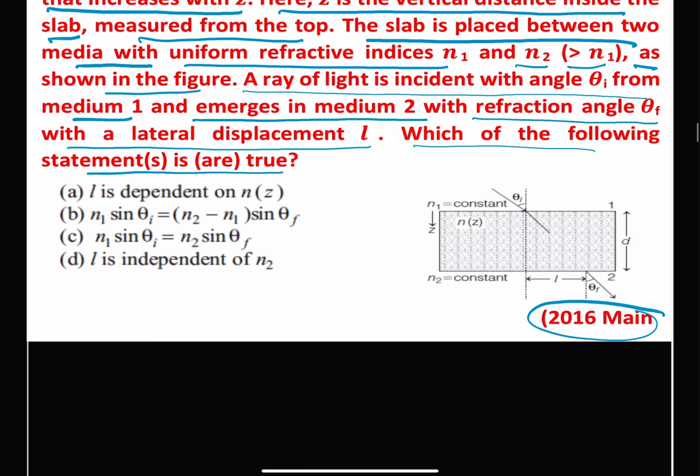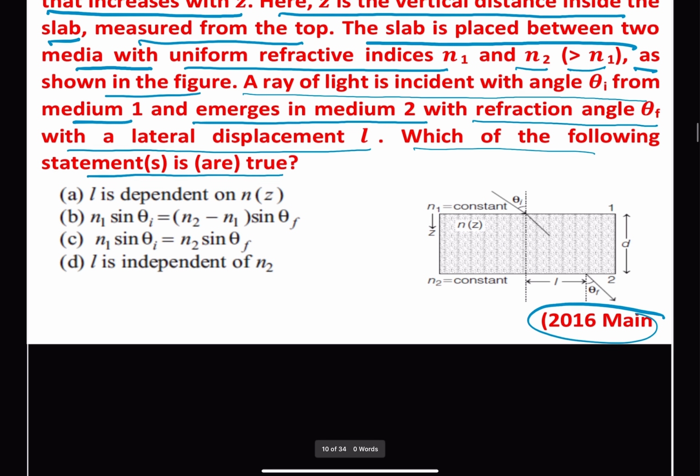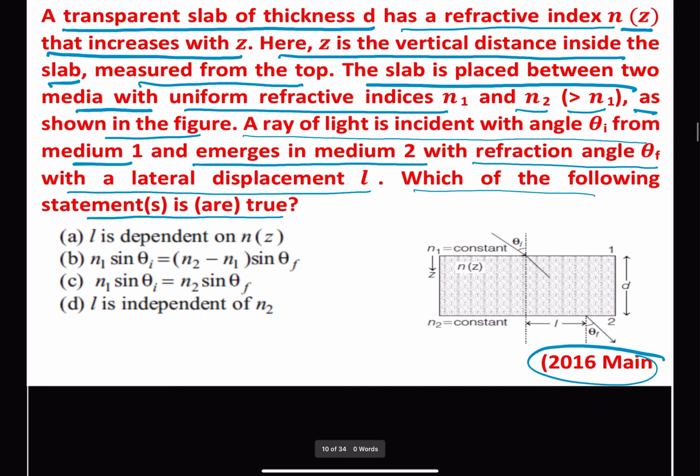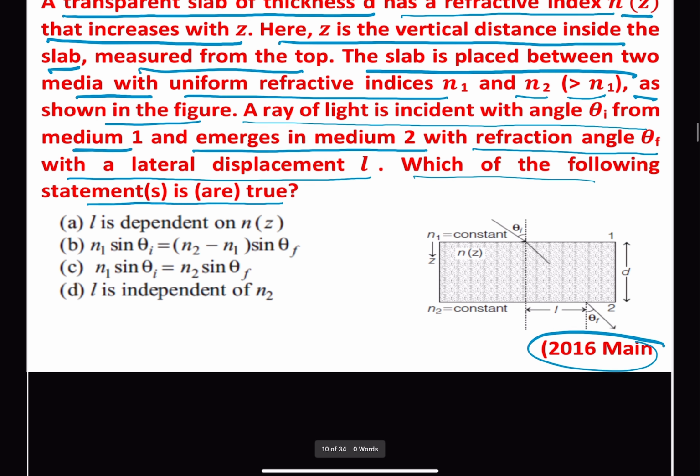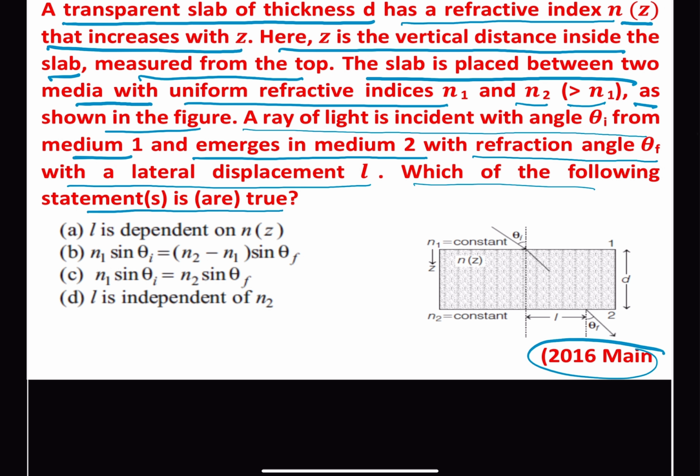So this question ideally consists of three refractive indexes. The first refractive index is of medium 1, the second is of n2, and between these two we have a transparent slab whose refractive index is n of z.